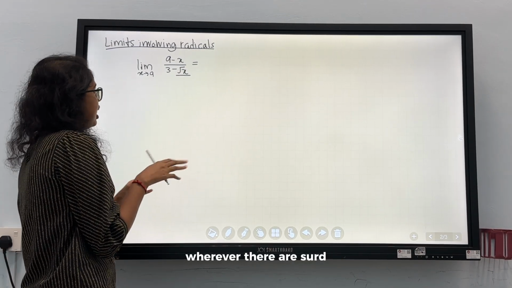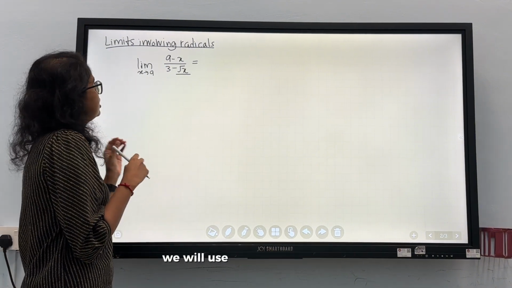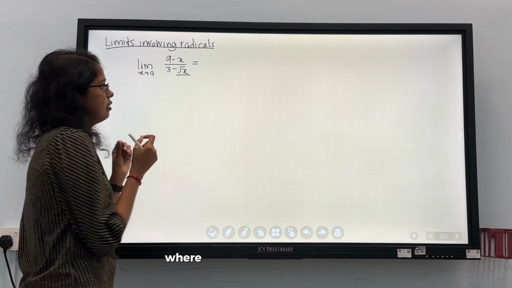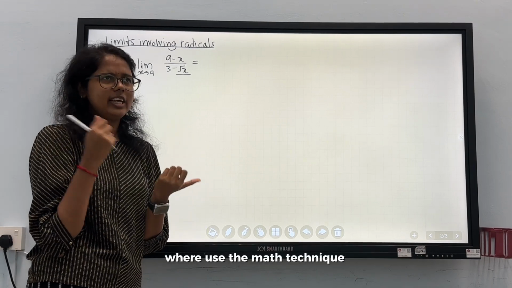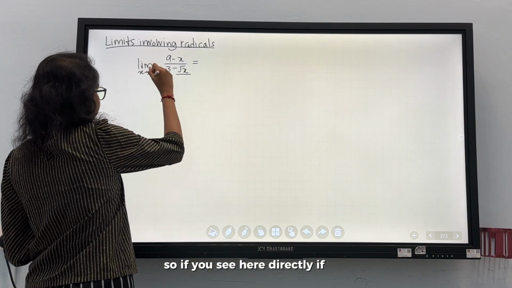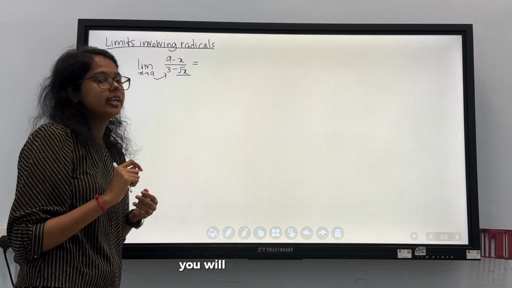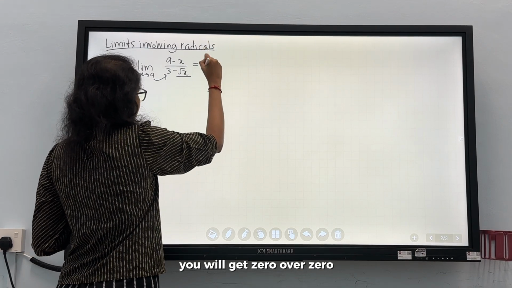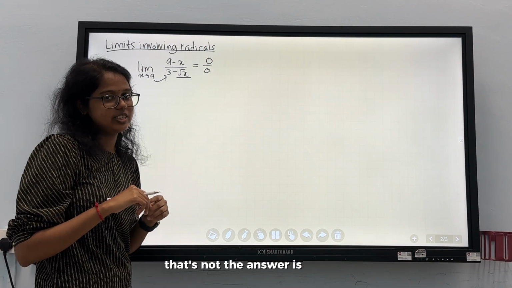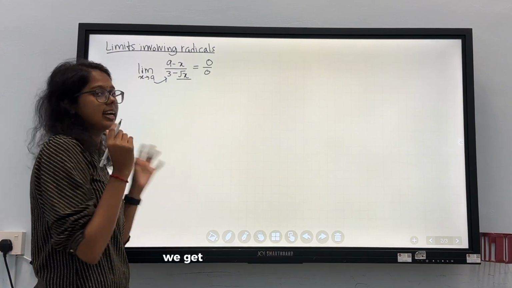Whenever there's a surd, whether on the numerator or denominator, we use this kind of formula to solve it, where we use a technique called conjugate. If you directly substitute the value 9 into the formula, you will get 0 over 0. That's not the answer, so we have to do something to get the final answer.